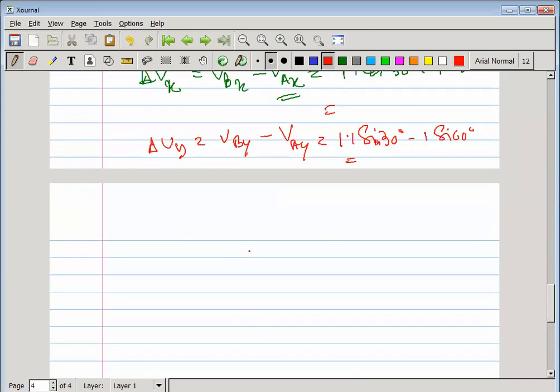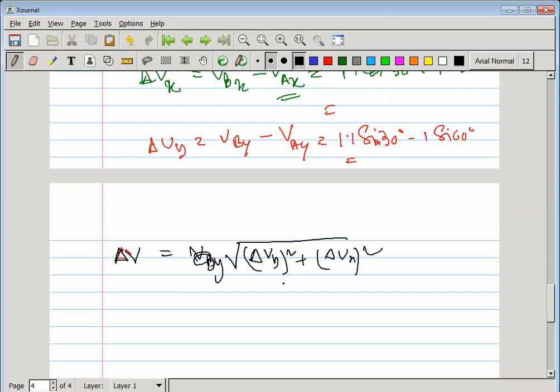So finally, you find the relative velocity between these two points. The relative velocity is the square root of delta Vy whole square plus delta Vx whole square. Please solve this.